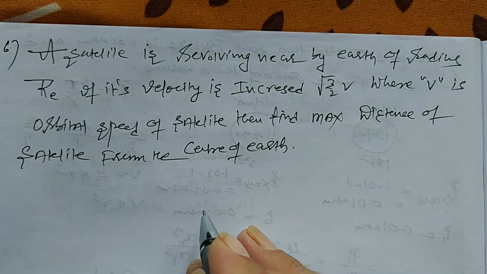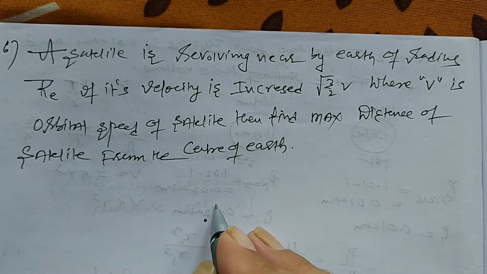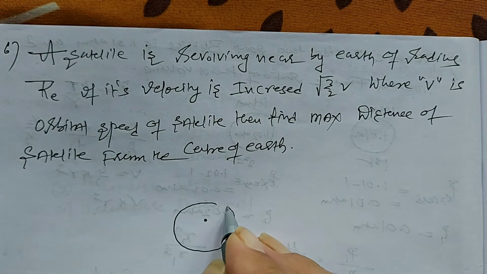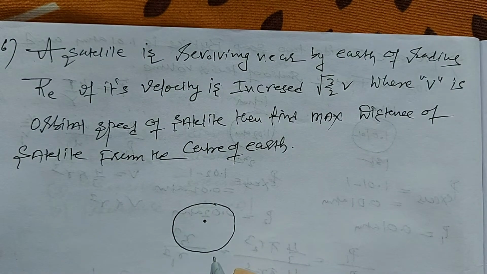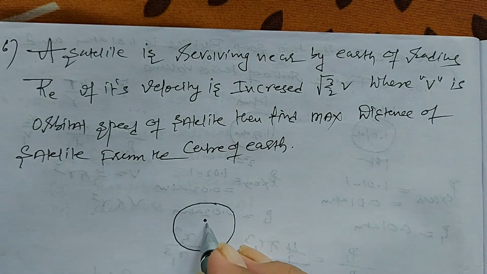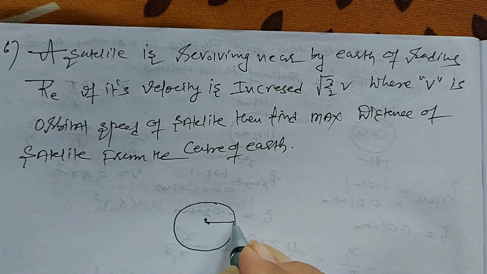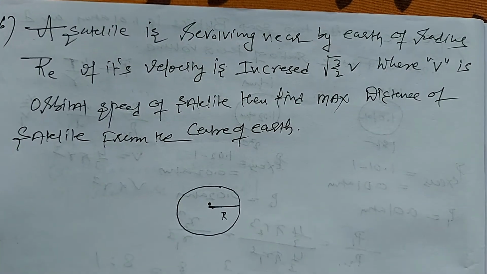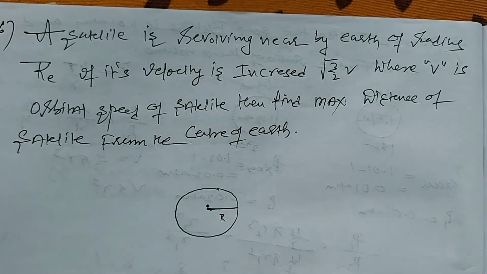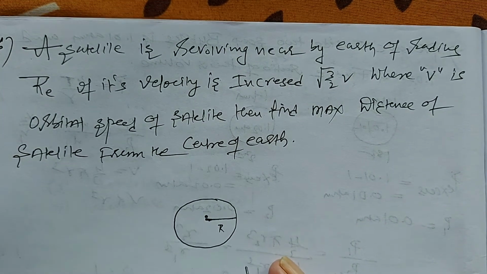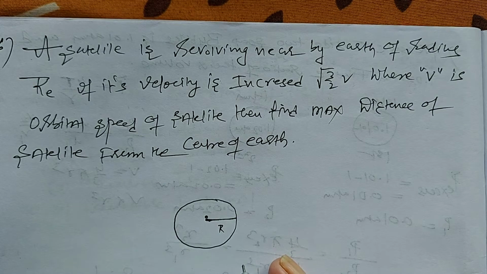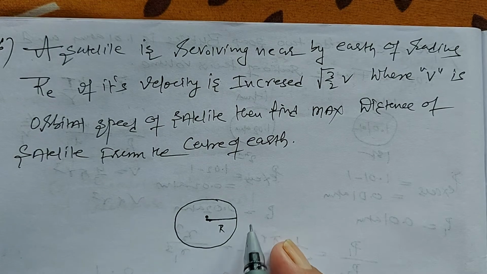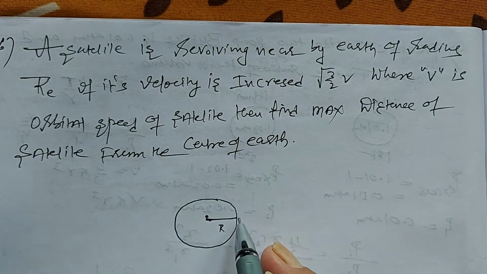So the satellite is revolving around the Earth, of radius R. When the speed of the satellite increases, then the satellite moves in an elliptical orbit.